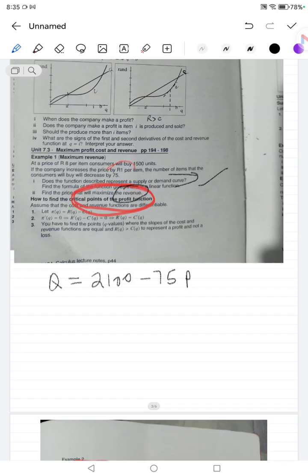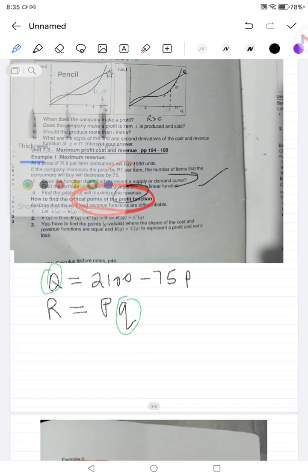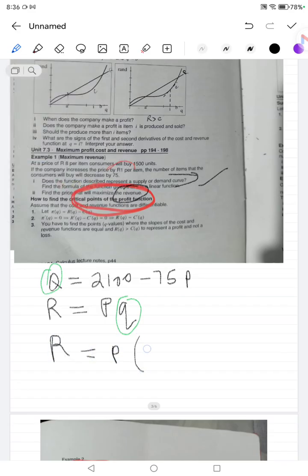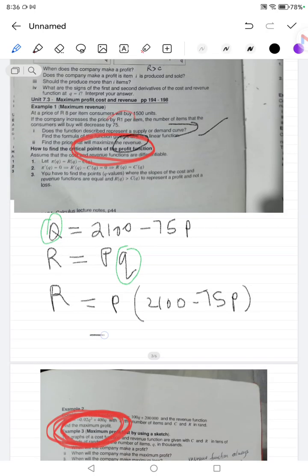Your revenue would be equal to your price times your q. Where you see your q, you input this one. So now you have your R as equal to p times (2.1 minus 75p). As easy as that. And you'll have 2.1p minus 75p squared.